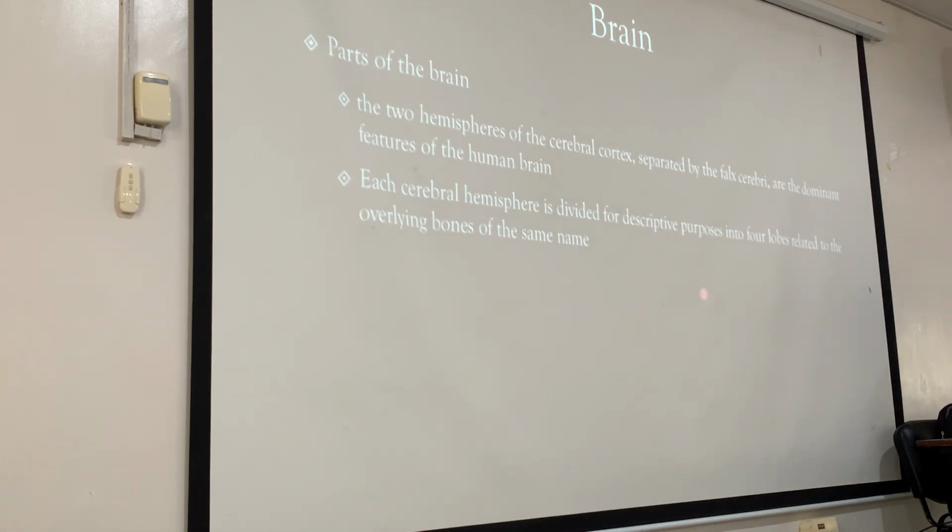Again, the falx cerebri is the fold of dura formed by the meningeal dura, separating the left and the right hemisphere. Each cerebral hemisphere is divided for descriptive purposes into 4 lobes related to the overlying bones of the same name. So the lobes are named as they relate to the bones.